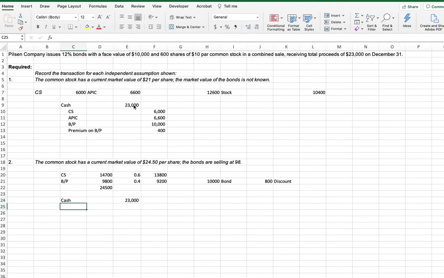This time we need to debit discount on bond payable, and we calculated that as 800. And then we'll still have a credit to our bond payable, credit to our common stock, and a credit to our additional paid-in capital.